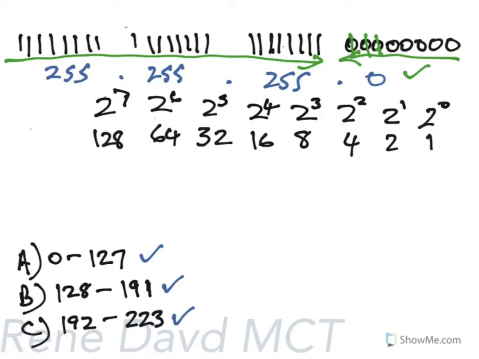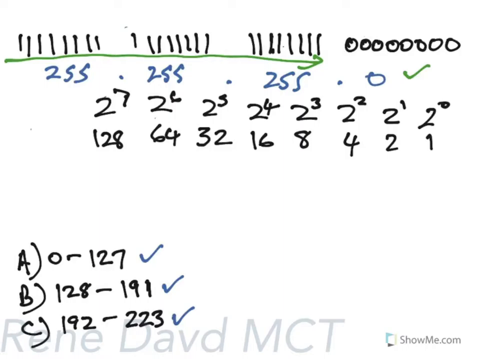A default class C network gives us a possible 256 hosts. Why 256? Because it's from 0 to 255. Remember, because you're starting at 0, 0 to 255 gives us 256 unique possibilities in terms of the numbers we can have with 8 bits.